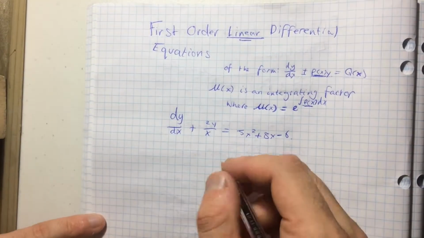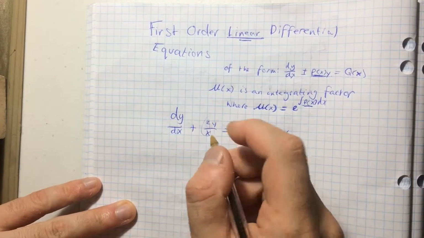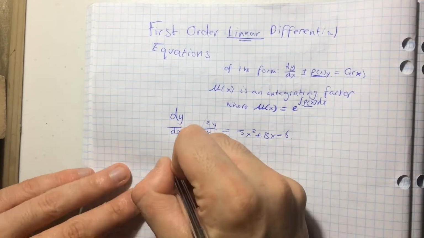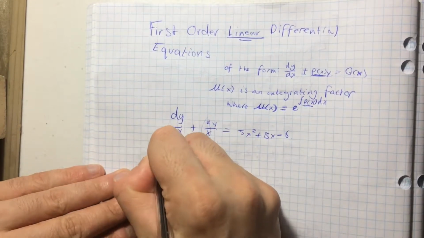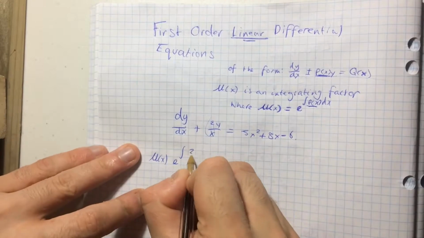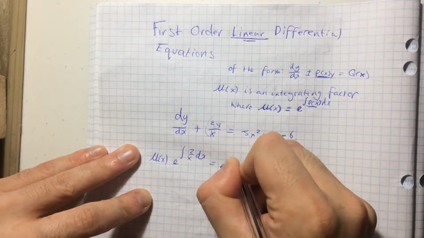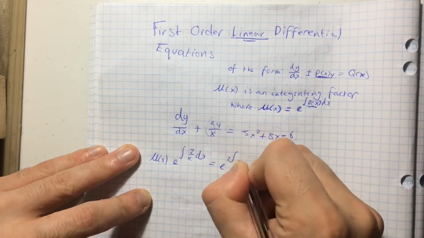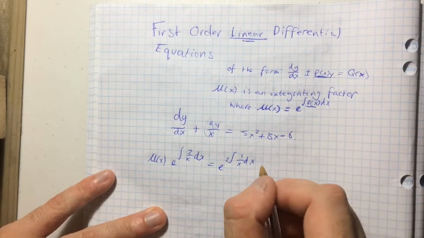So, we have to take the integral of 2 over x. So mu of x is equal to e to the integral of 2 over x dx, which is just equal to e to the 2 times the integral of 1 over x dx, and that is the natural log of the absolute value of x.